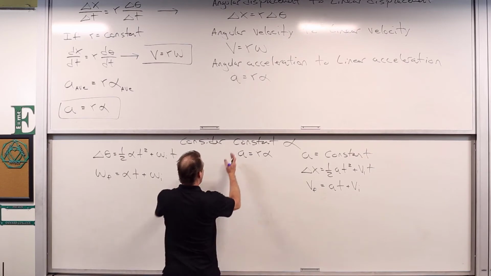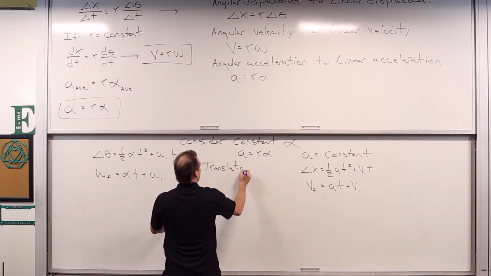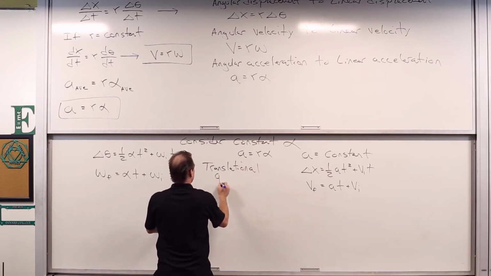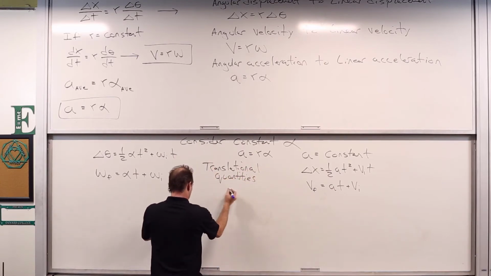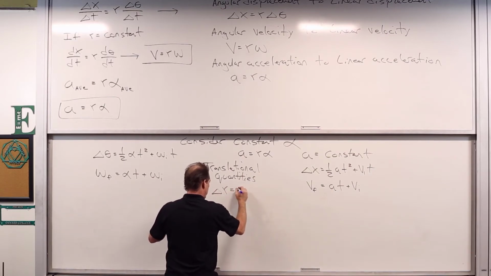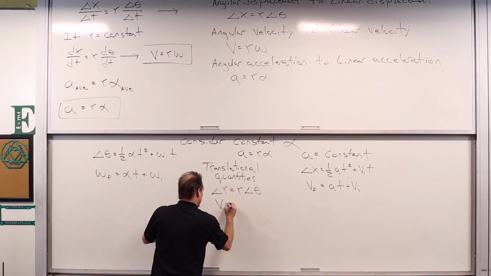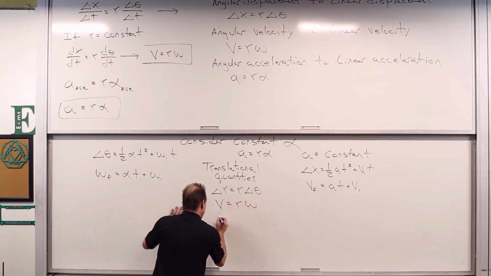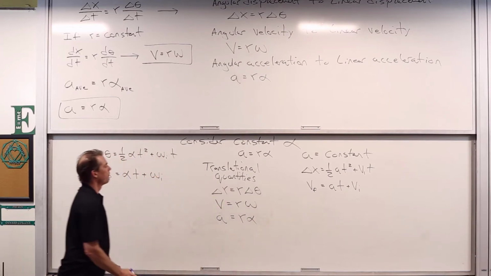We've got ourselves the translation quantities, which are ultimately delta x is equal to r delta theta, v is equal to r omega, a is equal to r alpha.